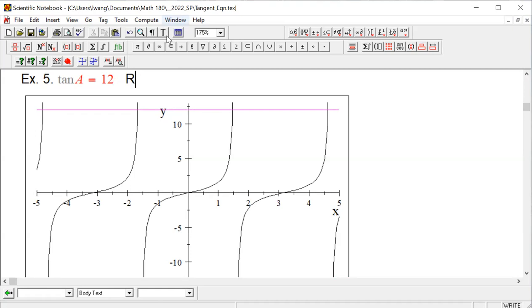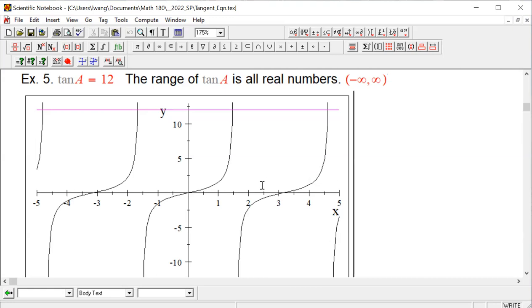The range of tangent is all real numbers, i.e. from negative infinity to positive infinity.